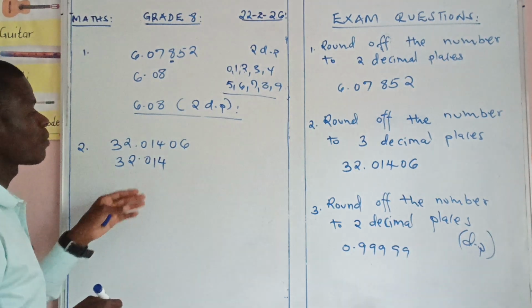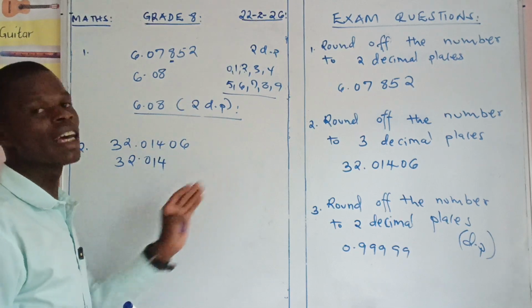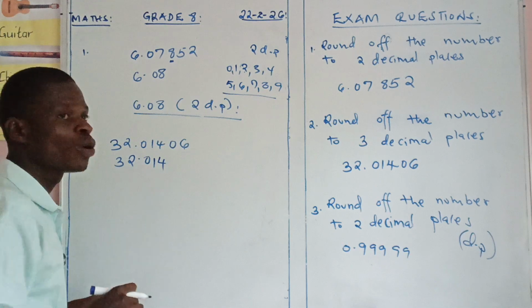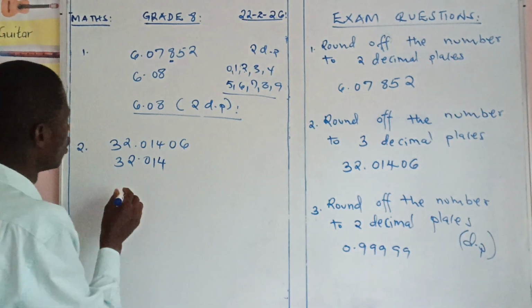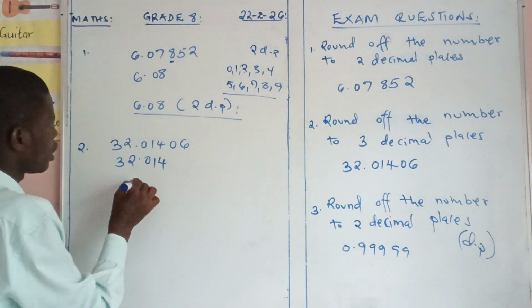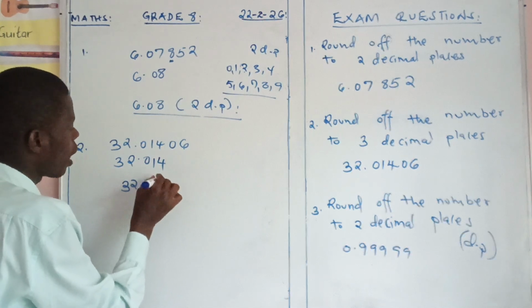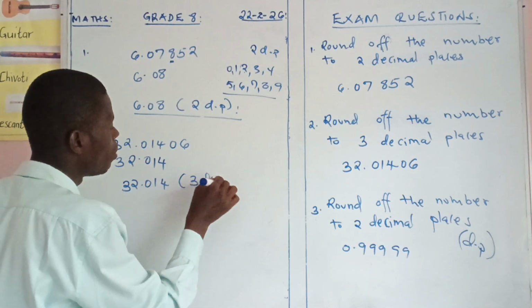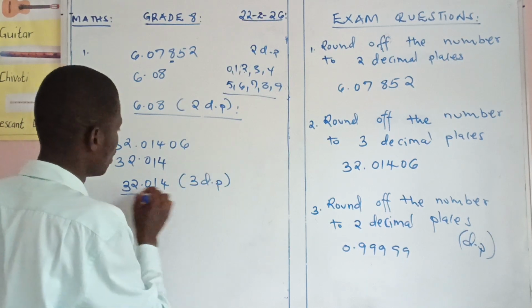I can do away with the other digits. Why? They don't affect the decimal point or the place value of each digit I'm having here. So my final answer will be 32.014. I've rounded off to 3 decimal places, 3 DP.